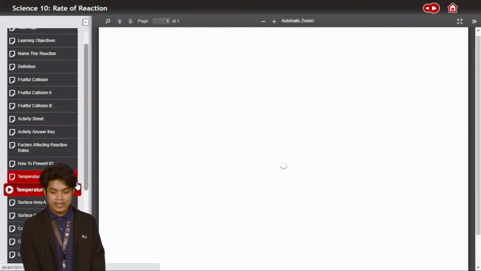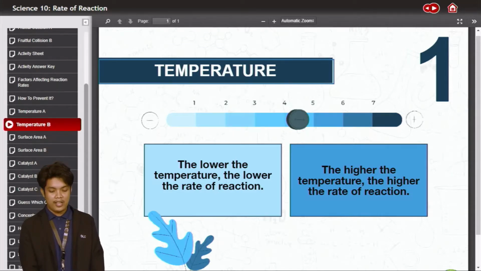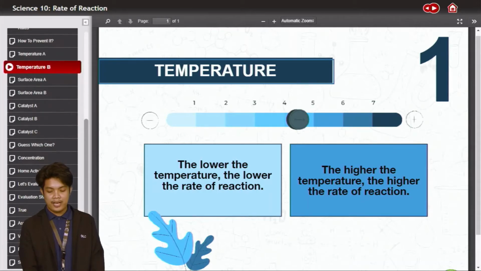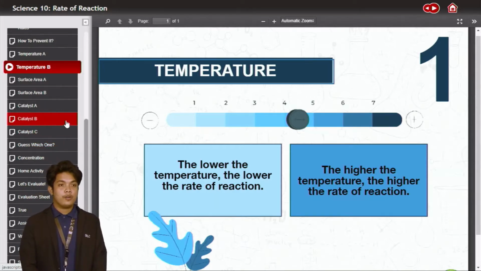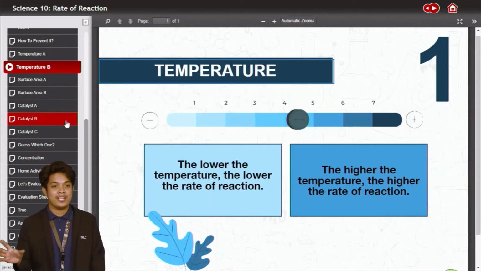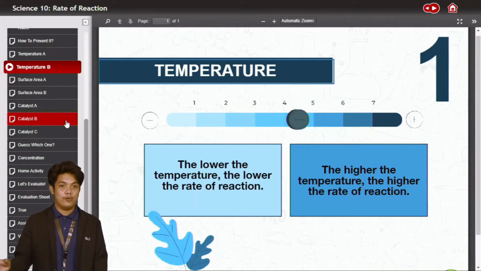So right now we found out that the lower the temperature, the lower the rate of reaction. And also, the higher the temperature, the higher the rate of reaction. That's why when we freeze a fruit or a food, the spoilage is postponed or happens very slowly, because the molecules, the enzymes and the microorganisms move very slowly and the decomposition happens very slowly.